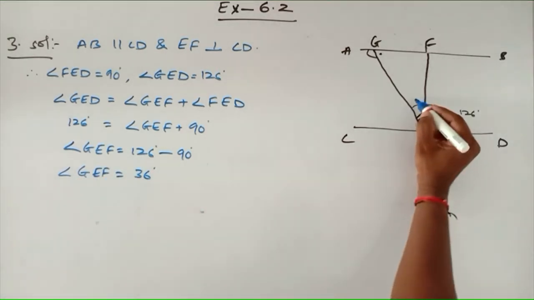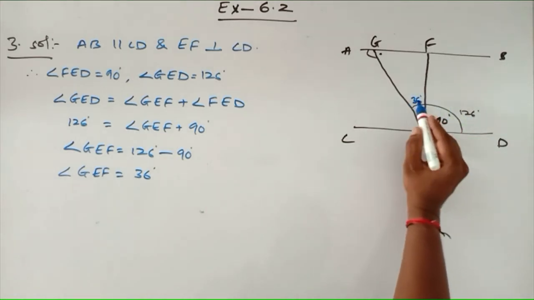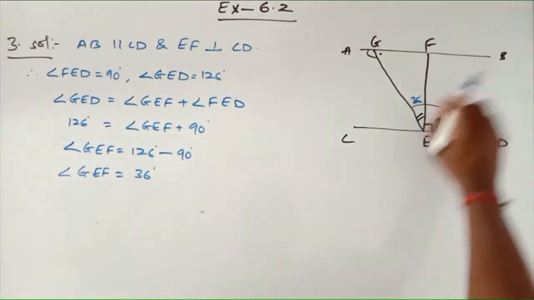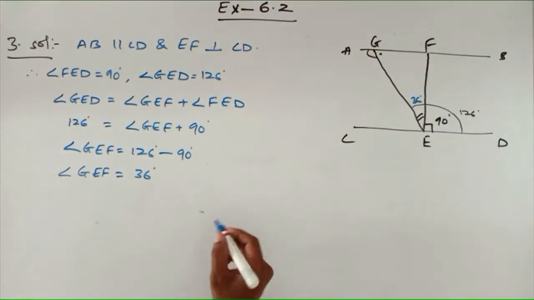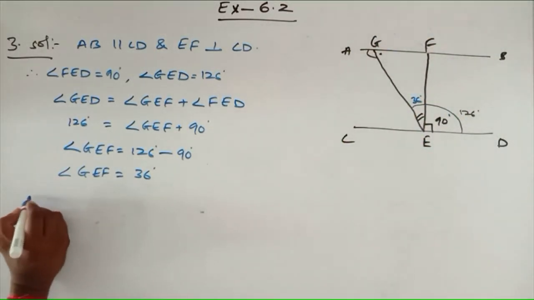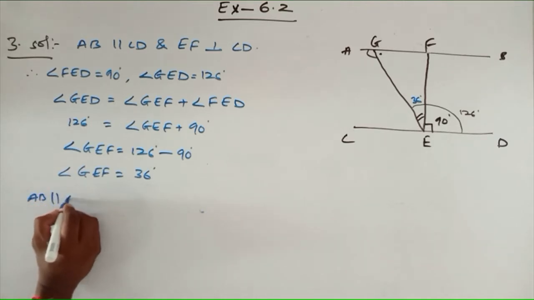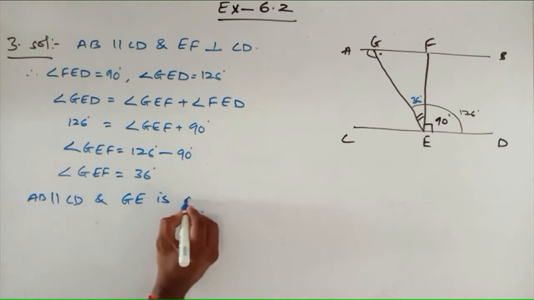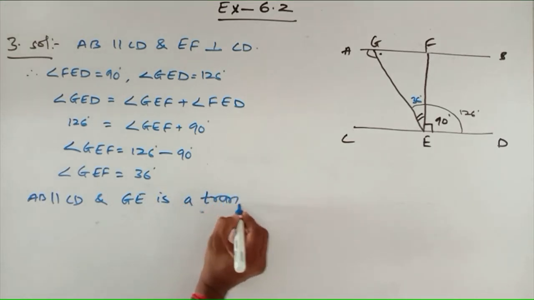Okay children, this is 36 degrees. Now clearly I know that AB is parallel to CD, and GE is a transversal.